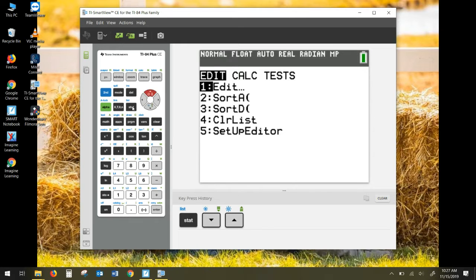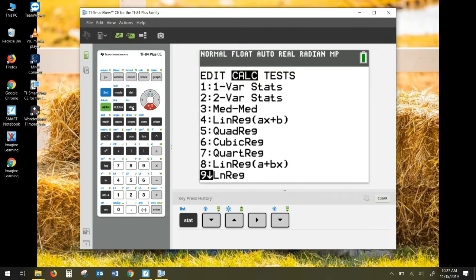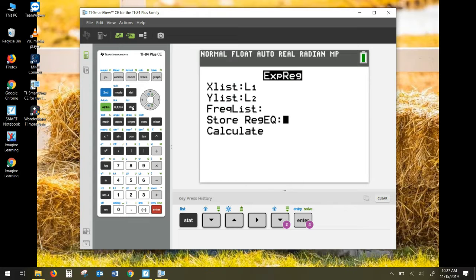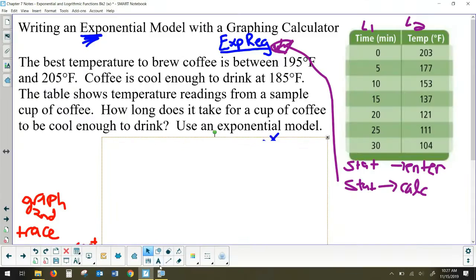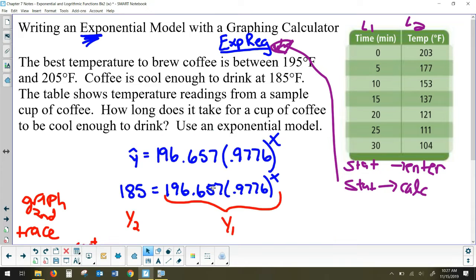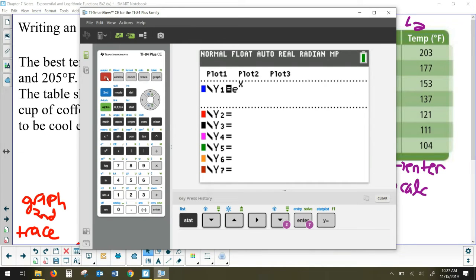After you've entered it, you stat calc, scroll down, exponential, enter, enter, enter, enter, go. Okay? That will give you this equation. We know we're looking for it at 185, so that's your y2, y1. You enter those.